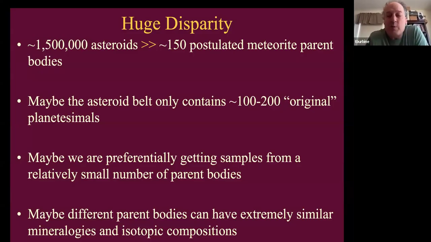It's also possible we're preferentially getting meteorites from only a relatively small number of parent bodies, a few parent bodies dominating what we see on Earth today. Also, maybe you could have two parent bodies that are almost exactly alike, mineralogically and isotopically similar, so you really can't distinguish them. So maybe a few bodies formed and you can't really tell the difference from just a few fragments. So there are all these questions we're trying to answer.